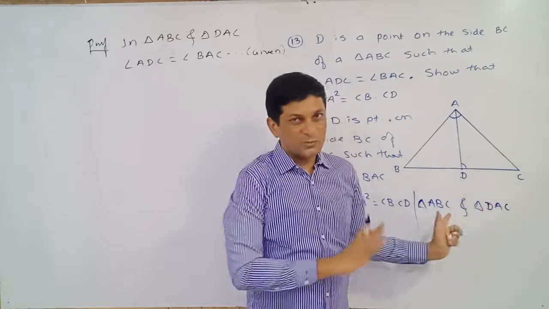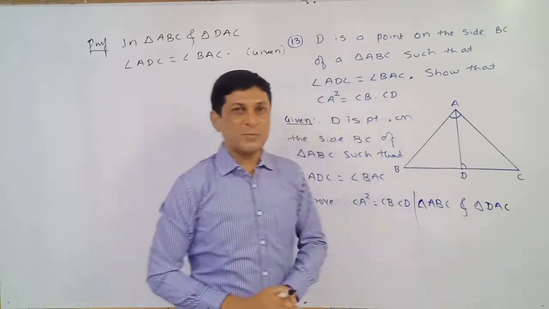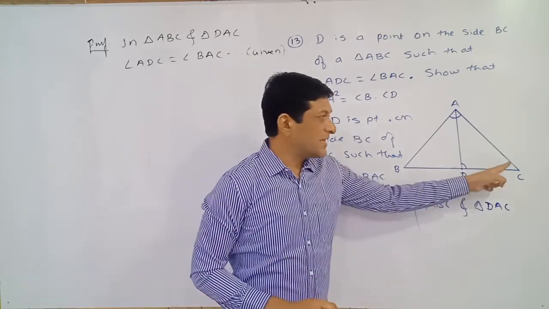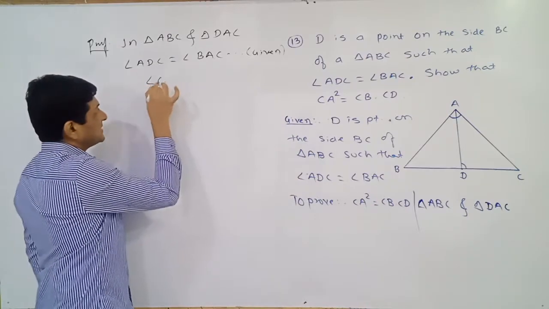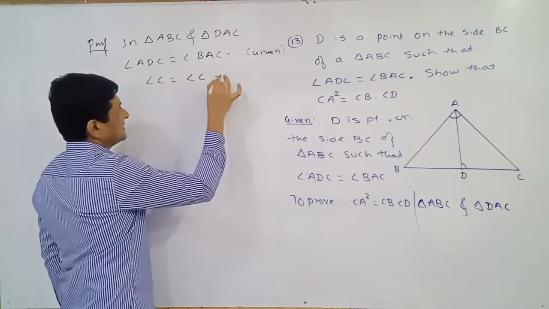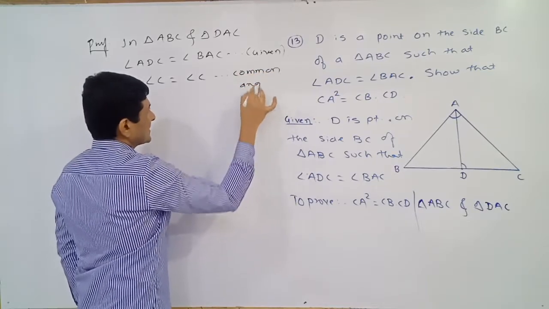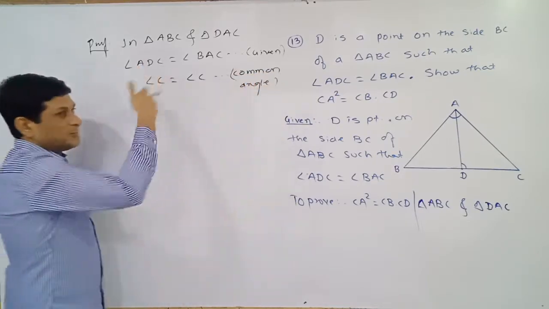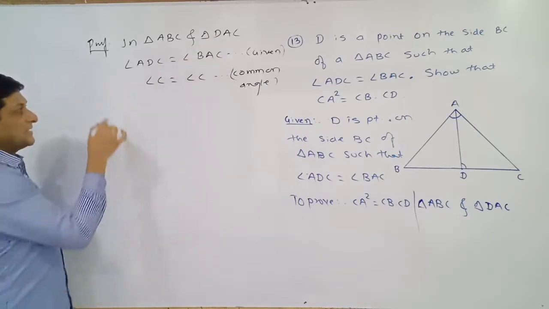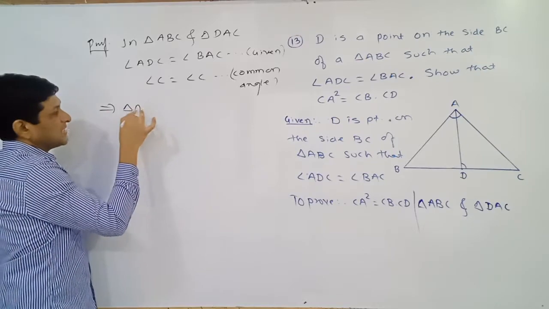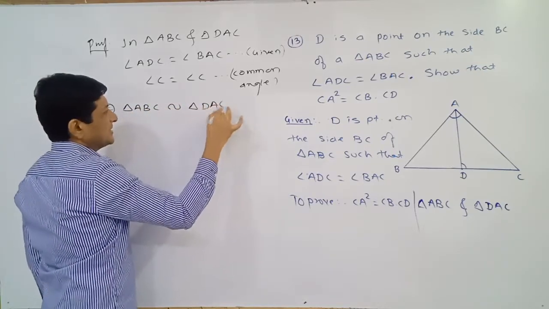So one angle of the first triangle is equal to one angle of the second triangle, and angle C is the common angle of both triangles. So angle C is equal to angle C. It is the common angle. So we have proved that two angles of the first triangle are equal to two angles of the second triangle. It implies that these two triangles are similar. So triangle ABC is similar to triangle DAC, by which criterion?